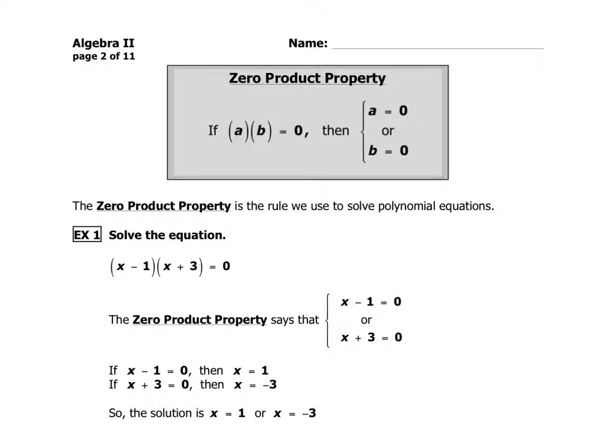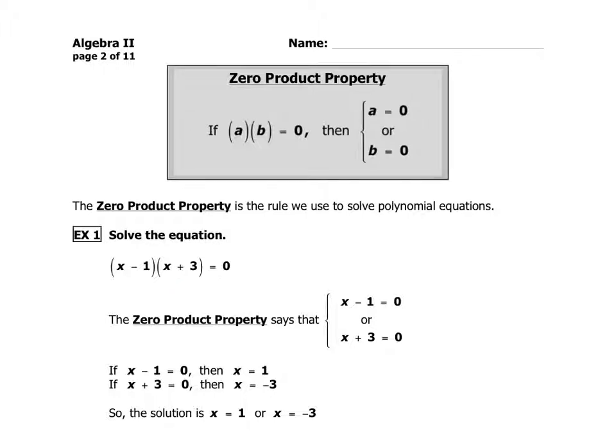Now here I have a polynomial equation and it's in factored form, and this is important for us. I have x minus 1 times x plus 3 equals 0. What I know about this is that either this or this has to be 0 in order for me to get a product of 0.